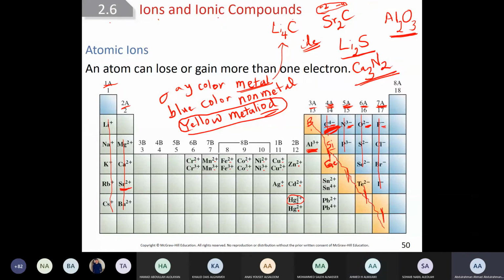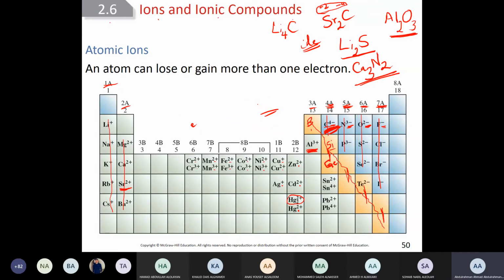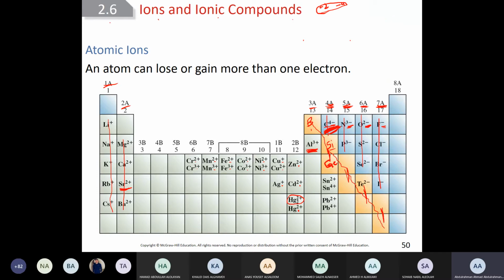All right. Now, how to name these elements? When we have a compound like these, let me give you one, which is Al2O3.